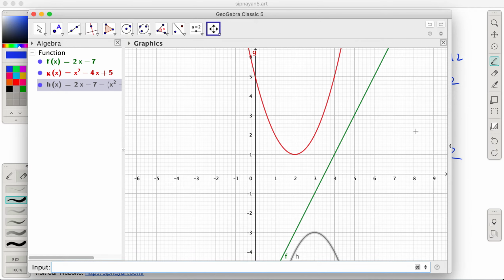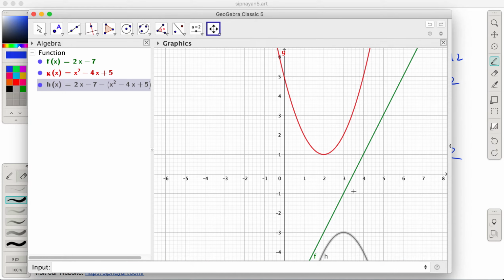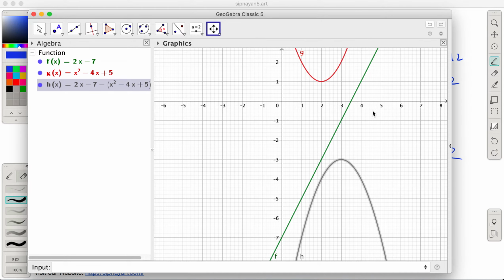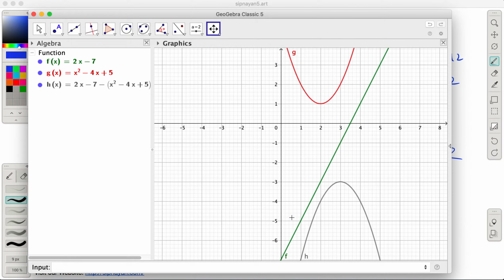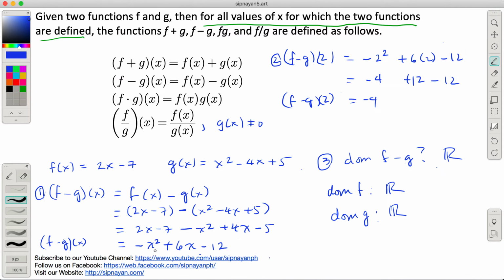Okay. Ito siya. So this is the resulting function, yung kulay gray. Bakit siya naging pa ganon? Why does the graph of the function open downwards? So kasi dito, naging negative x squared siya.